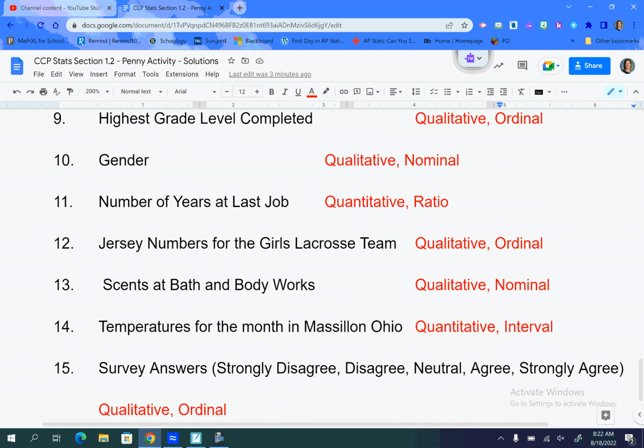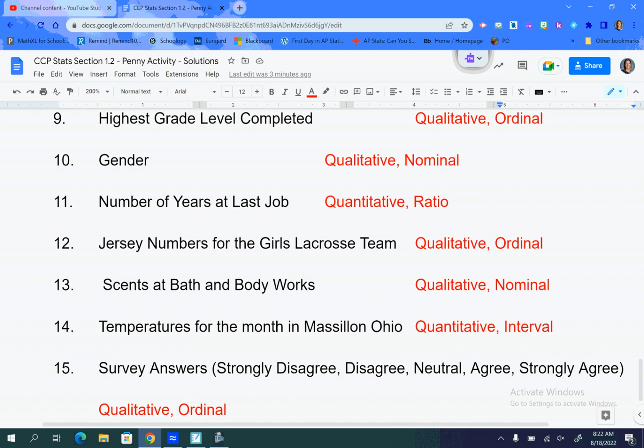Again, just a label. Number of years at last job. Quantitative and ratio. What does 0 mean? 0 means I didn't work at that job. So that's a ratio. Jersey numbers. This is another tricky one. So it is a number again, but it's a label. It is something that you could order, though, right? We could say number 0 all the way up to 99.